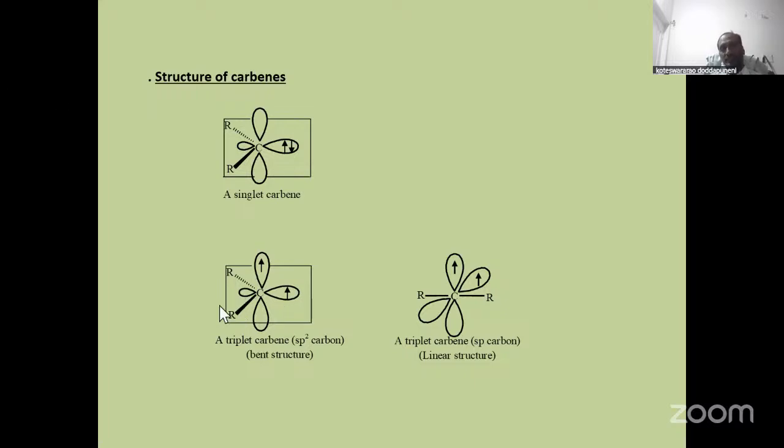In this bent structure, the unhybridized p orbital is perpendicular to the plane, and the plane passes through only the sp2 hybrid orbital, and the remaining two sigma bonds are arranged above and below. Therefore, this is the triplet carbene, a bent structure, and a triplet carbene with sp hybrid carbon.